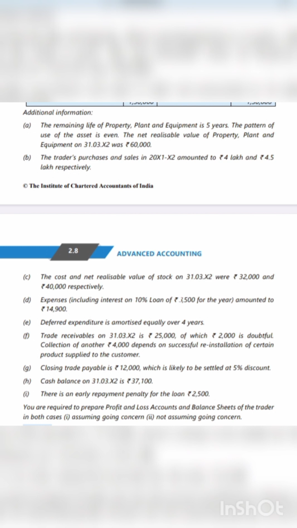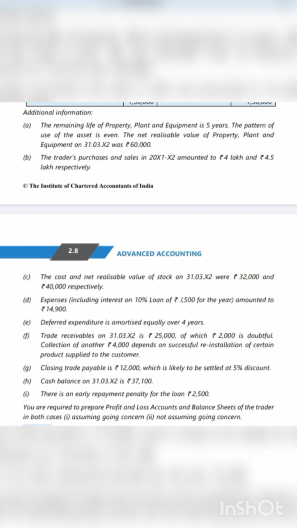G. Closing trade payable is rupees 12,000, which is likely to be settled at 5% discount. H. Cash balance on 31st March 2012 is rupees 37,100. I. There is an early repayment penalty for the loan, rupees 2,500.